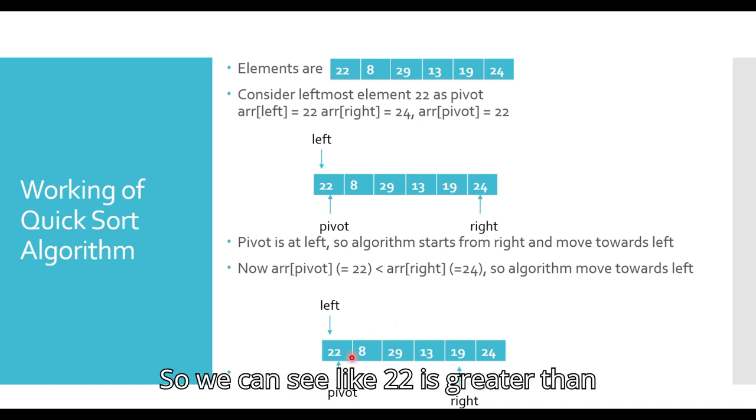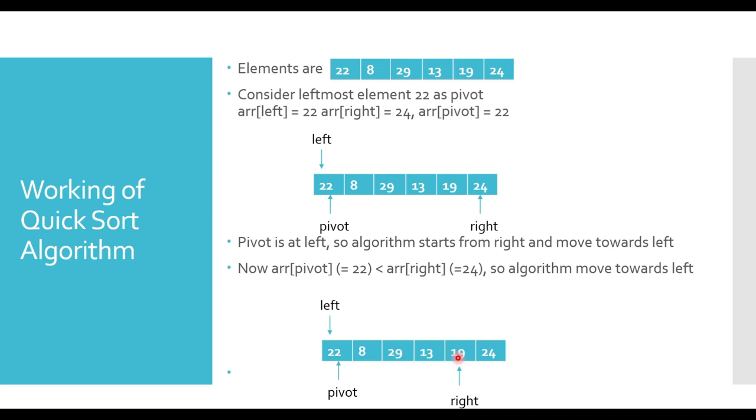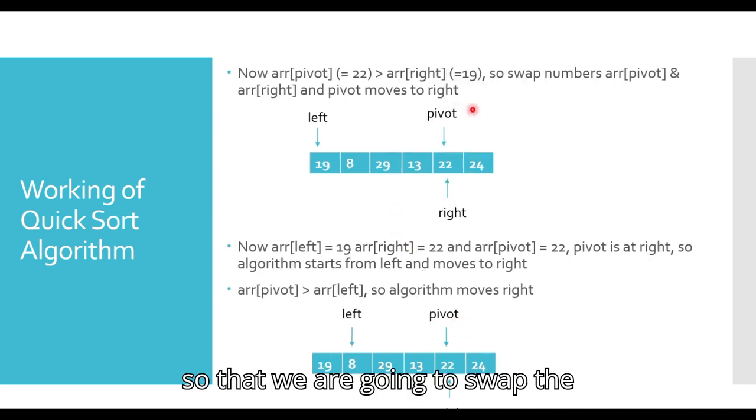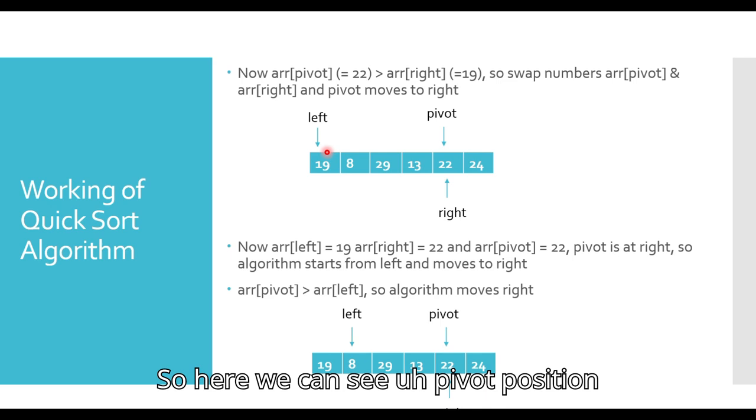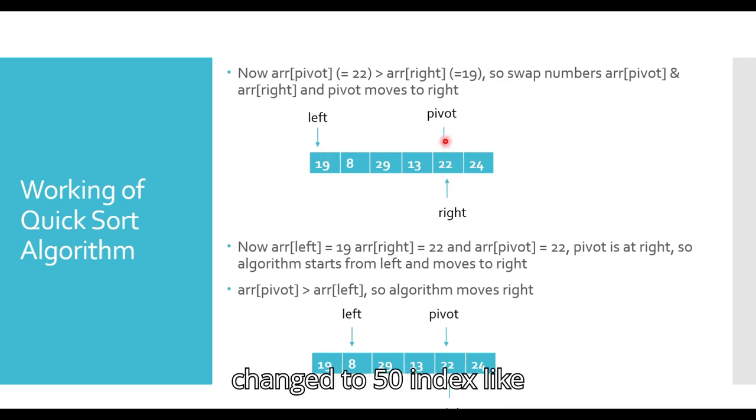We can see that 22 is greater than 19, so we swap the elements. 22 will be at the fifth index and 19 at the first. Here we can see the pivot position changed to the fifth index, pointing at the number 22.